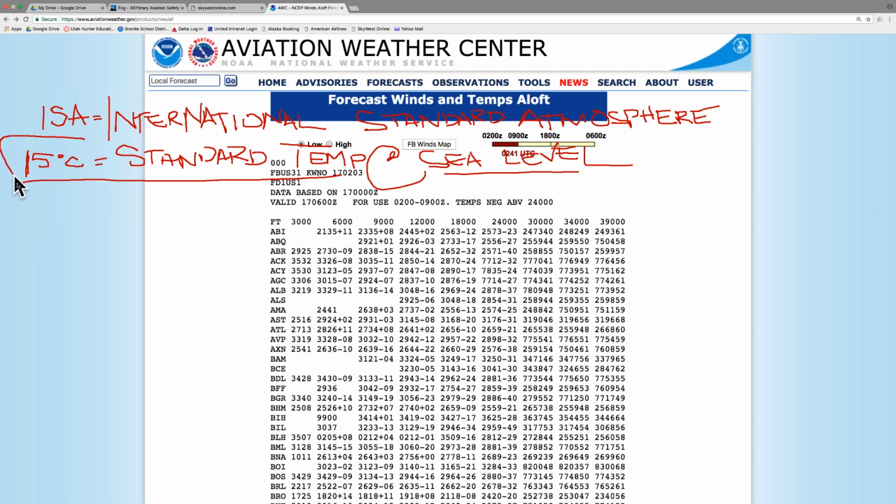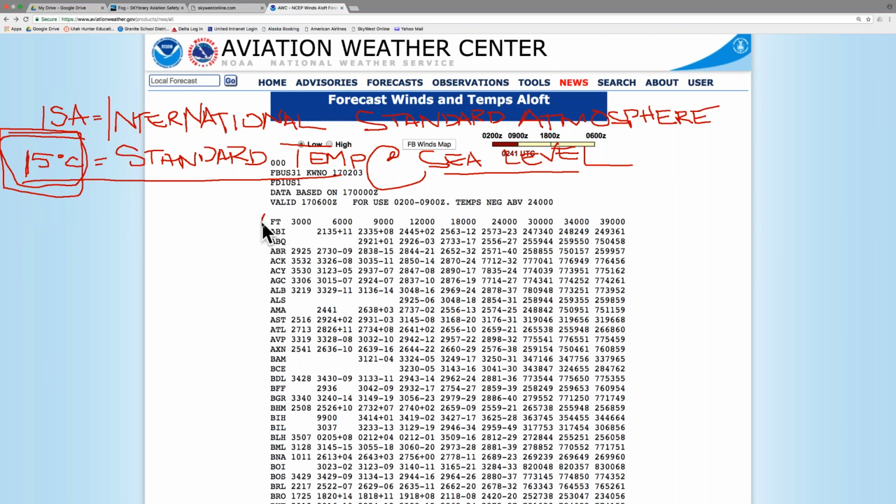This you must memorize. What is the standard temperature at sea level? 15 degrees Celsius. Perfect. Somebody else, what's the standard temperature at sea level? All right. You get the point. So, once again, standard temperature at sea level is 15 degrees Celsius.